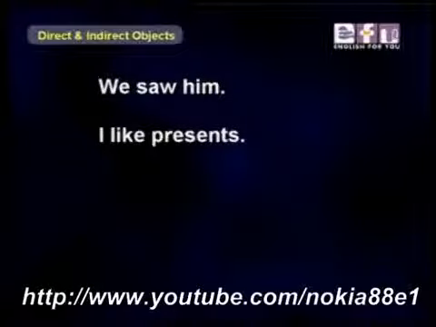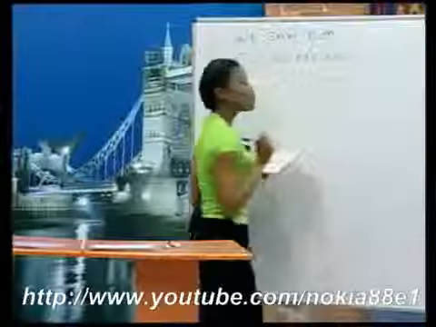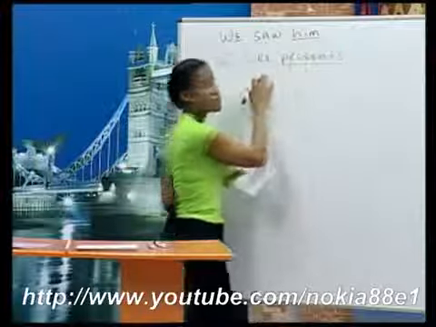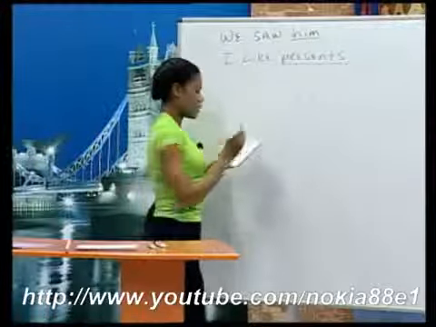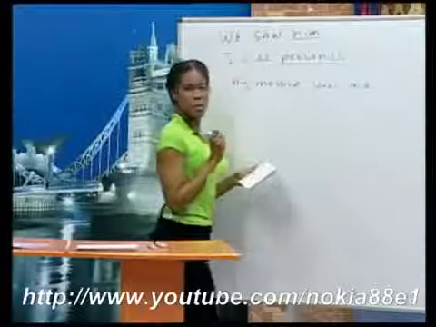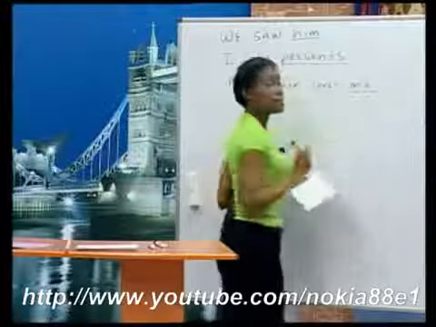I like presents. What do we like? Presents. Object of the verb like. My mother loves me. My mother loves what or whom? Me.